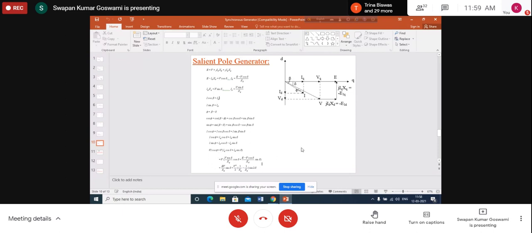Can you guess something regarding the stability, or compare something regarding the stability of these two machines, cylindrical rotor type and salient pole type? যেহেতু স্টিফনেসটা বেশি, in case of salient pole type machine, you can say that if I change delta by a small angle, then change in P will be more compared to the change in P in case of cylindrical rotor type machine. তার মানে কি হচ্ছে, আমাকে ডেল্টাটা কম চেঞ্জ করলেই আমি বেশি পাওয়ার পাঠাতে পারছি। Or somehow if there is a change in the active power input to the salient pole generator and to the cylindrical pole generator, the delta variation will obviously be more in case of cylindrical rotor machine. তার মানে কি, stiffness of salient pole type machine is somewhat higher than the stiffness of cylindrical rotor type machine.